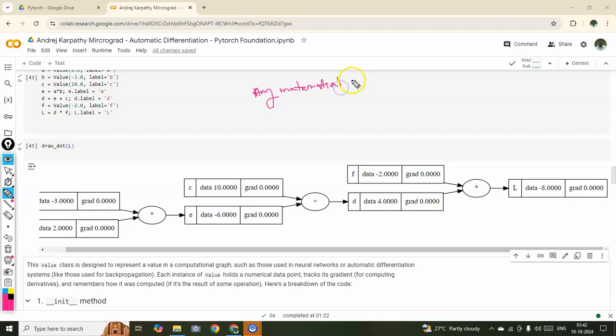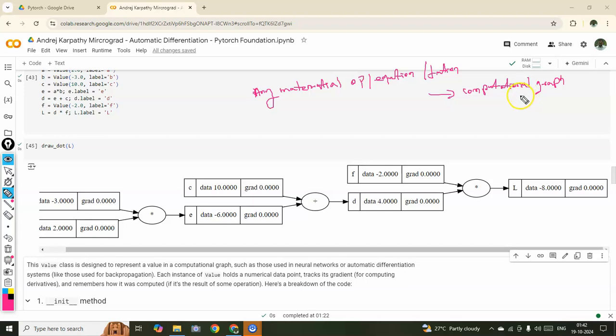Any mathematical operation or equation or function, we can convert to a computational graph. So we can convert anything into a computational graph.